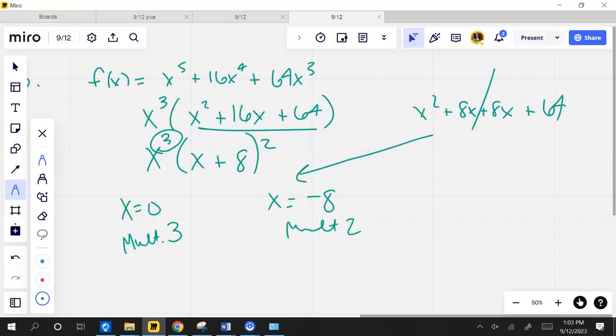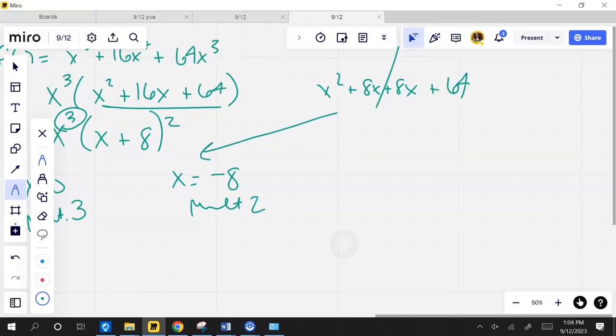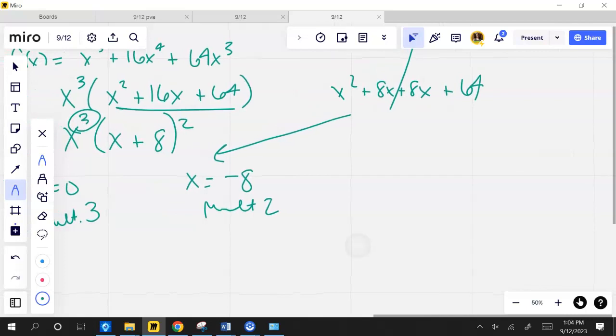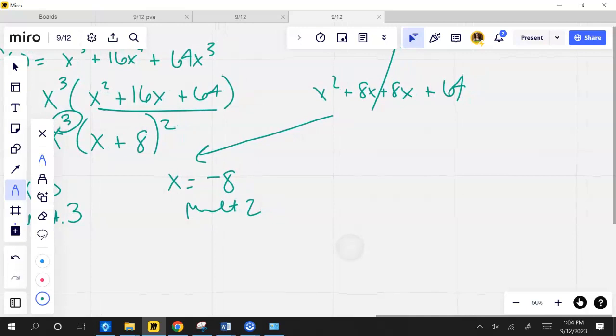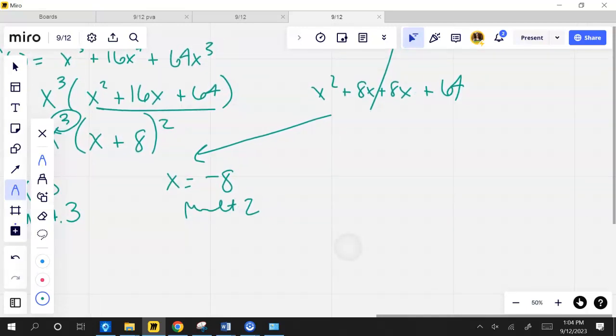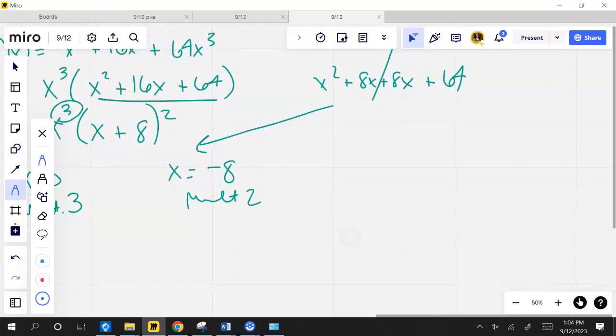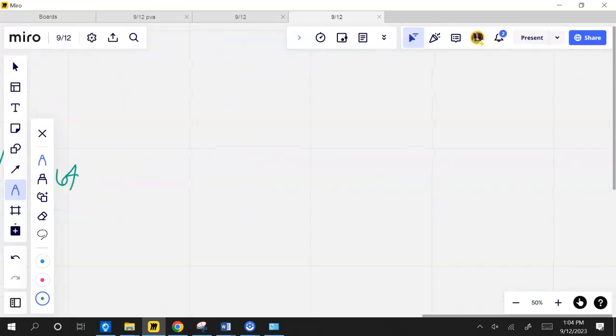That's right, because it's even. It's just multiplicity 1, and it goes through.